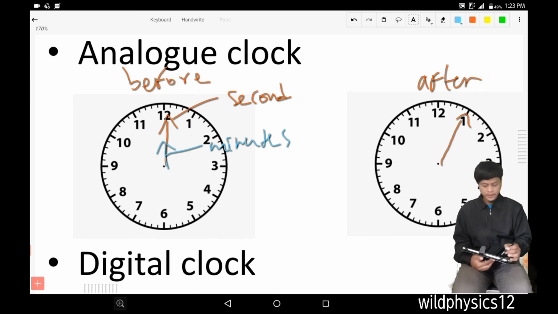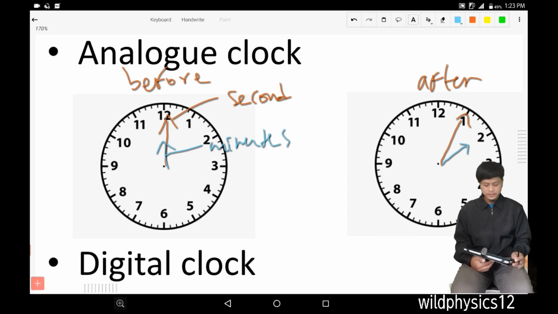And the minutes arrow points to, for example, 2. So the minutes arrow is directed to 2. What does it mean?